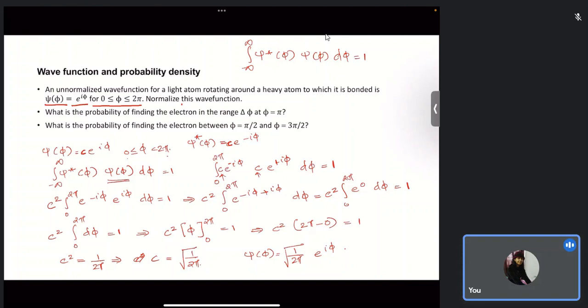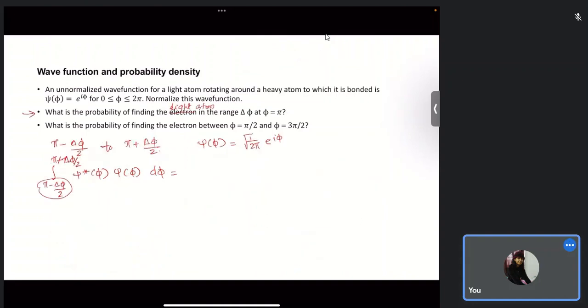The integration is going to be the same, just that the range over which we integrate is different here. I'll write it as a and b for simplification of the calculation, where a is equal to pi minus delta phi by 2 and b is equal to pi plus delta phi by 2.